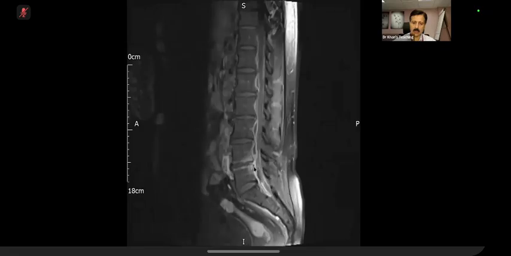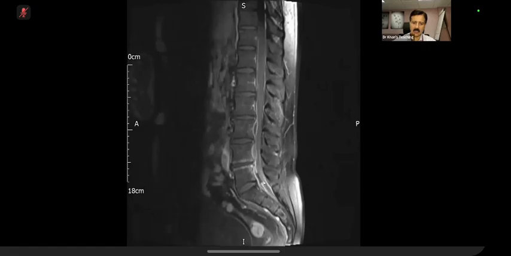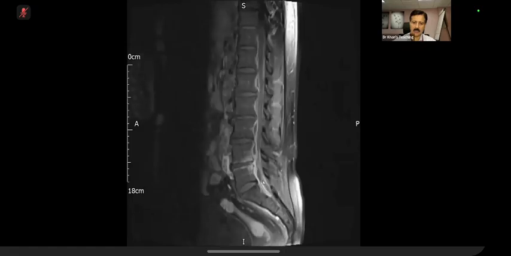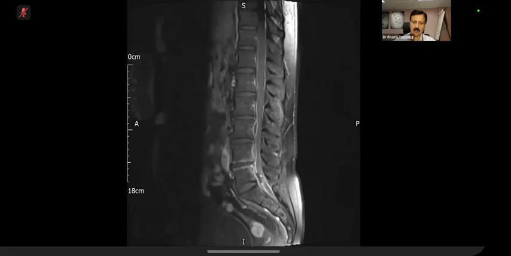Now part of it is phlegmon, but part of it, which is this thing here, which is fluid intensity, is all abscess.